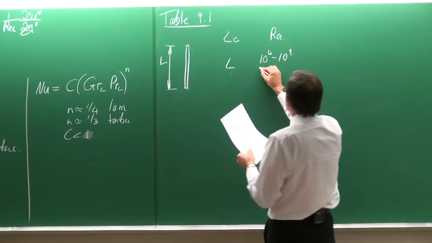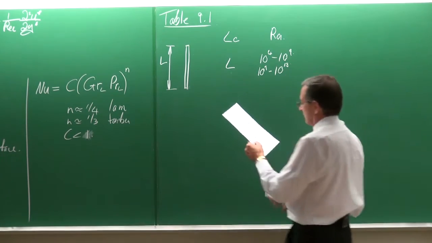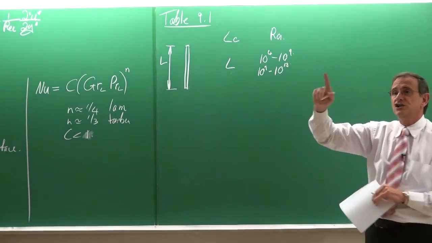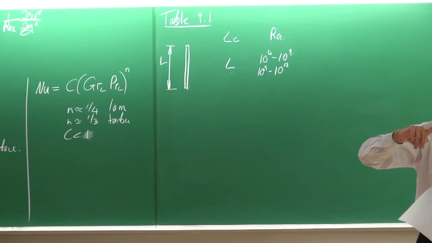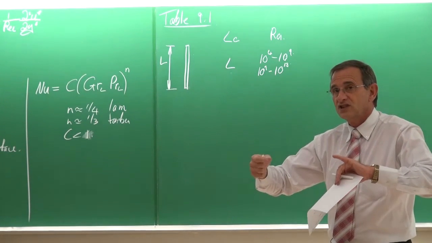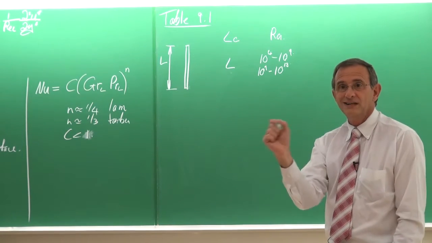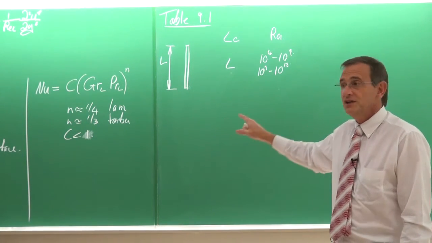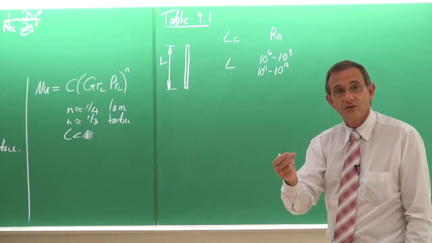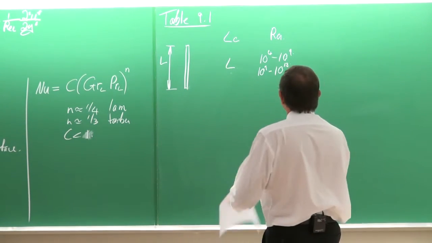And the second range is 10 to the 9th to 10 to the 13th. Take note, there are at least 2 errors in this table. In your study guide, I've given you the information where you can get all the printing errors in your textbook. So please go and correct them, because you're going to use those equations, and if you don't correct them, you're going to get the wrong results. So please take note of that.